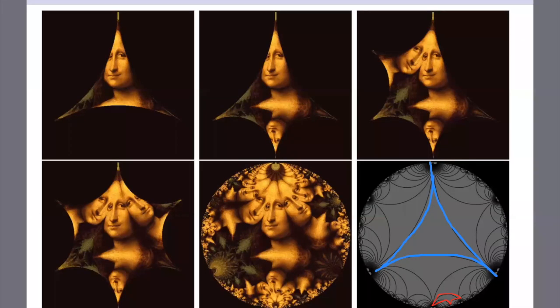So this is a tiling of the hyperbolic plane in the Poincare disk model. And what that means is that all of these triangles here are the same. The blue triangle is the same as the red triangle, is the same as every other triangle that you see here. And what you start to get a feeling for is that as we get closer to the boundary of the hyperbolic plane, right here in the Poincare disk model, or even in the upper half space model, you start to get a feel that things blow up, right?